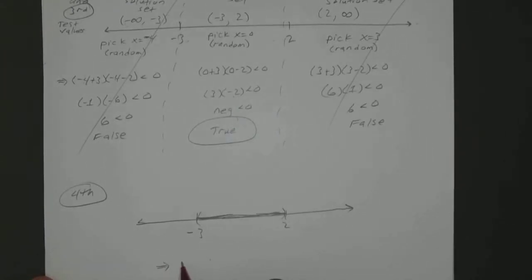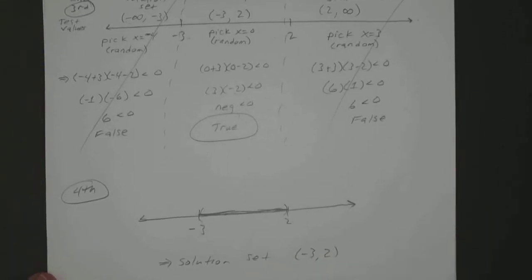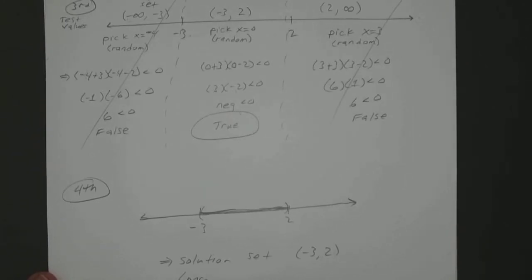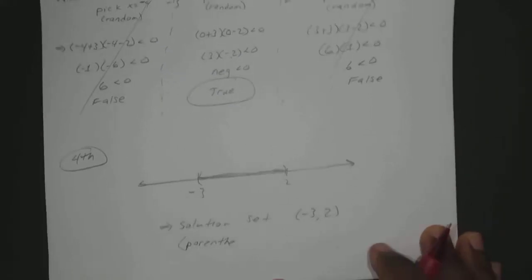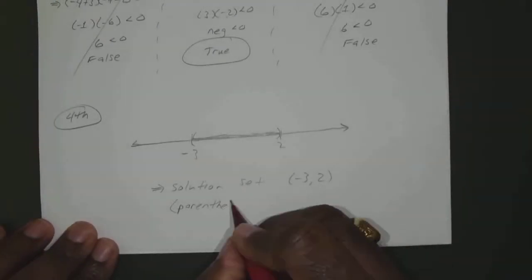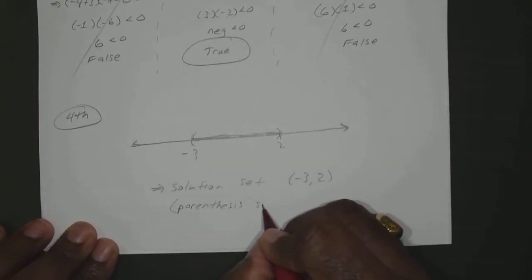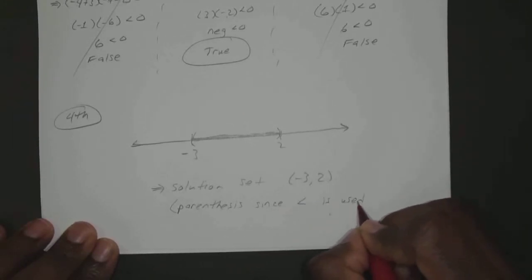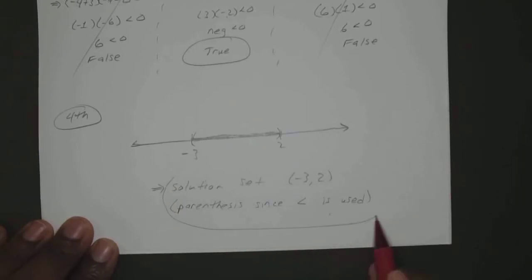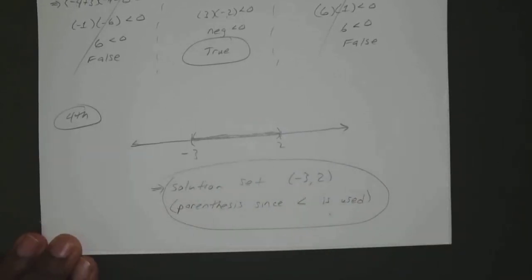Okay, so that means our solution set is -3 to 2. And of course, parentheses, since less than is used. Okay. Now, if that would have been less than or equal to, we'd use brackets.